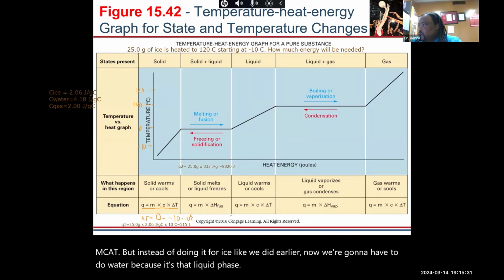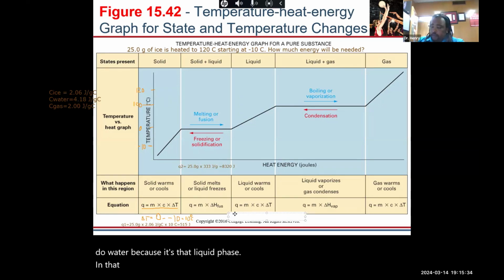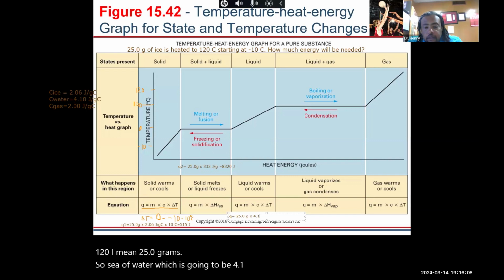So in that case, Q equals 25.0 grams times C of water, which is going to be 4.18 joules per gram Celsius.